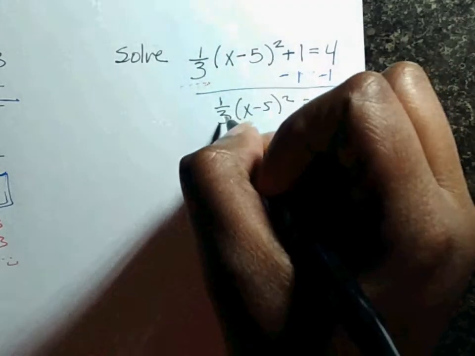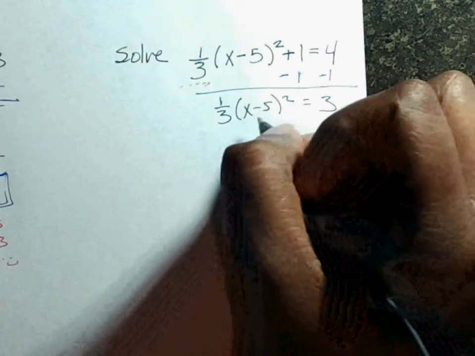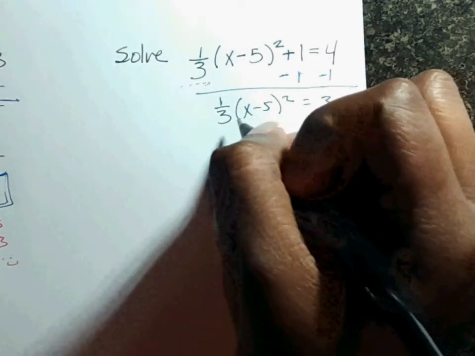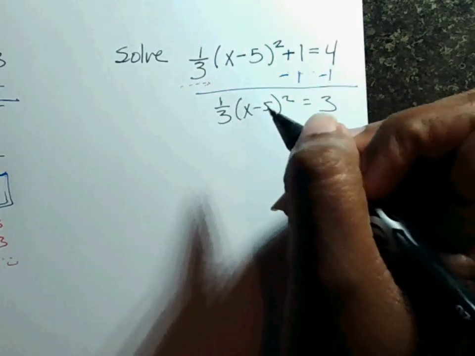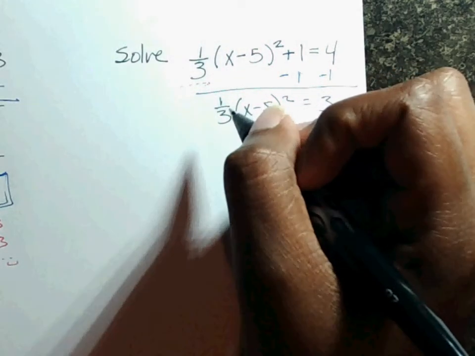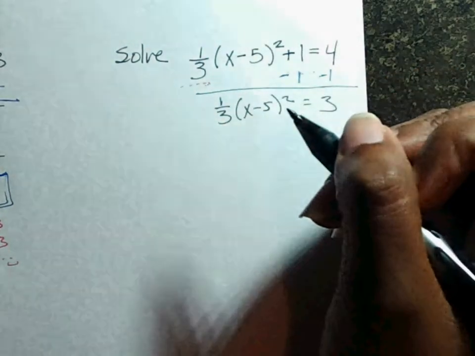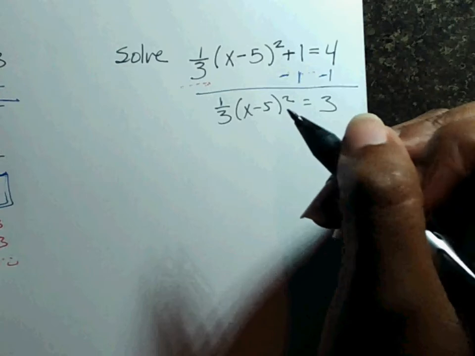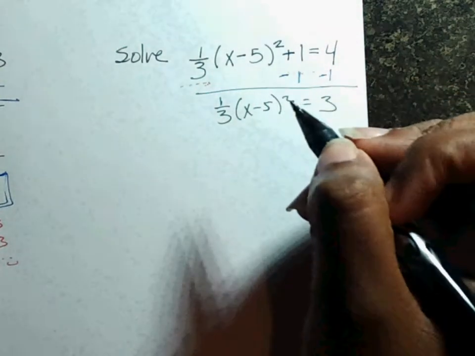This is 1/3 times x minus 5. How do you get rid of a fraction that's being multiplied? When you have a fraction, you multiply by the reciprocal to get rid of it.